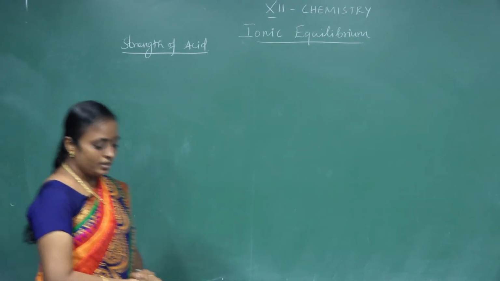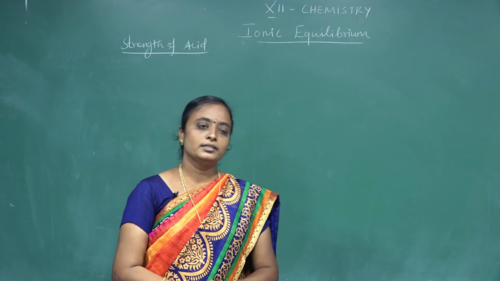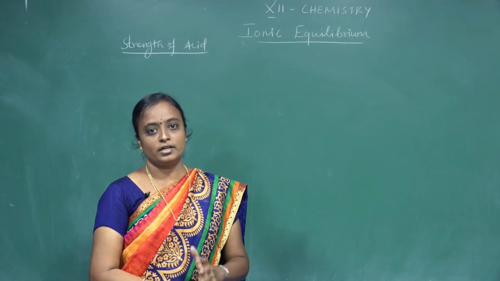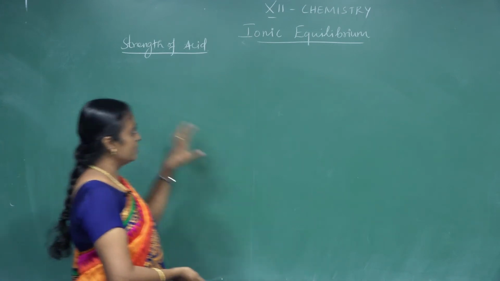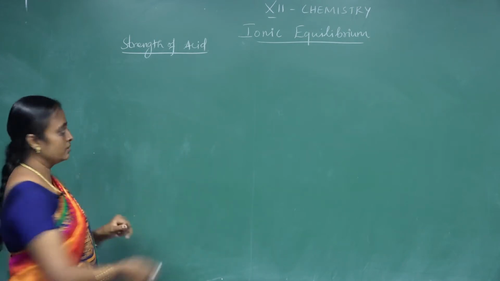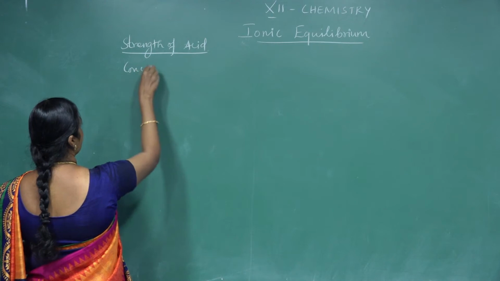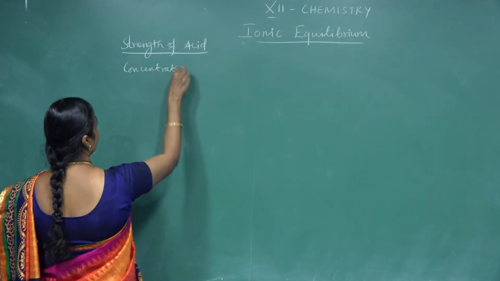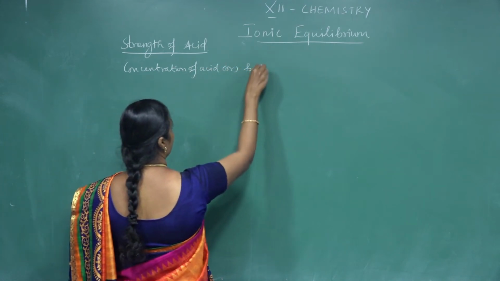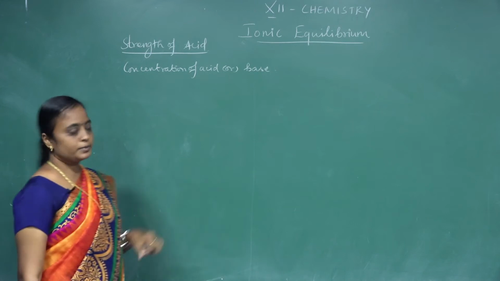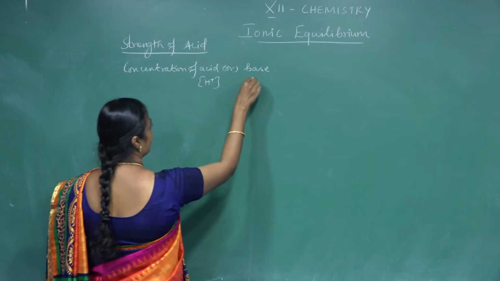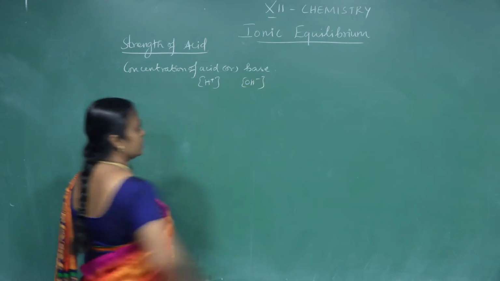So what is an acid, what is a base, we know. Acids are of two types and bases are also of two types, strong and weak. Normally the strength of an acid or a base is its concentration. Usually it is expressed in terms of the concentration of H plus ion or the concentration of OH minus ion.